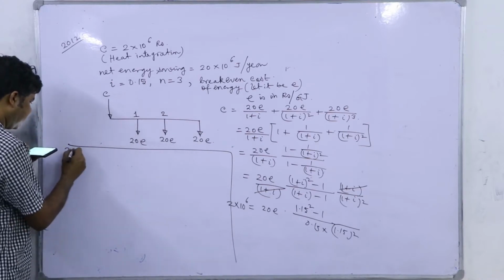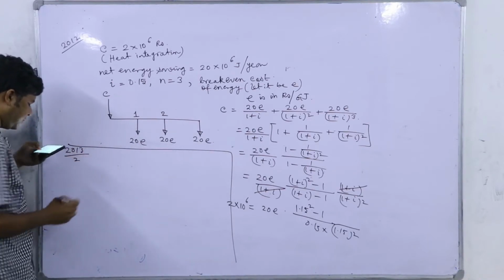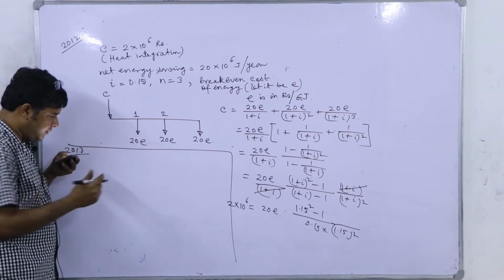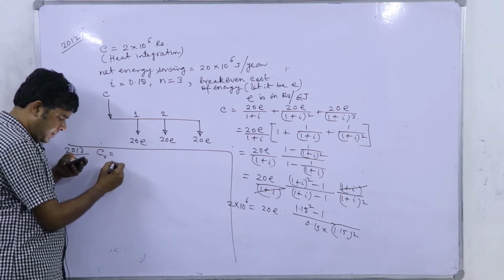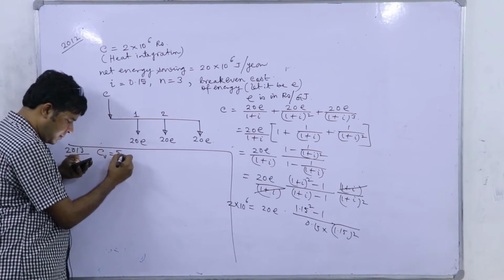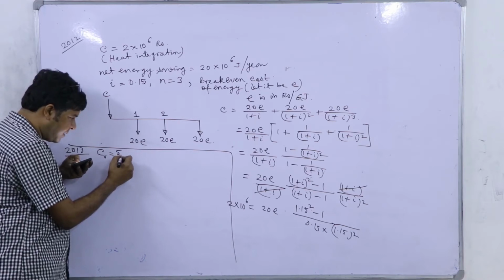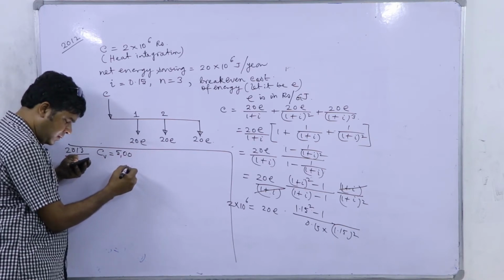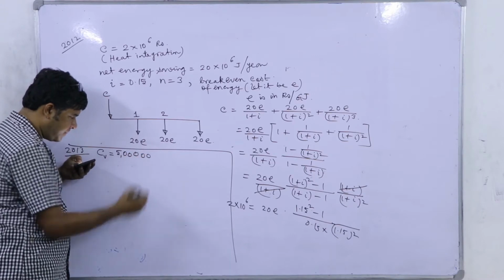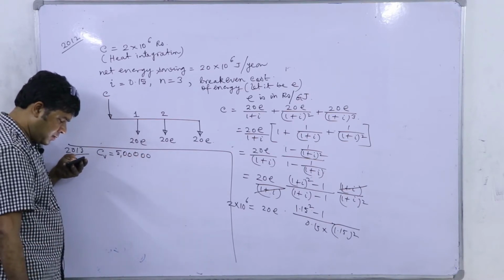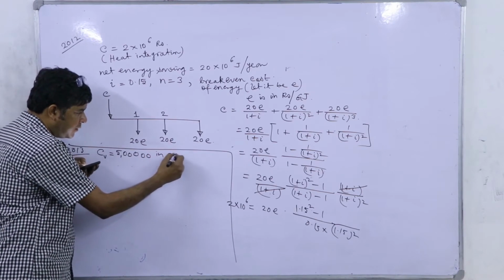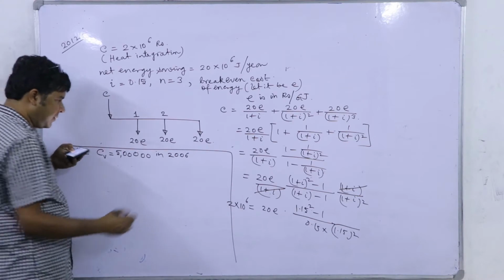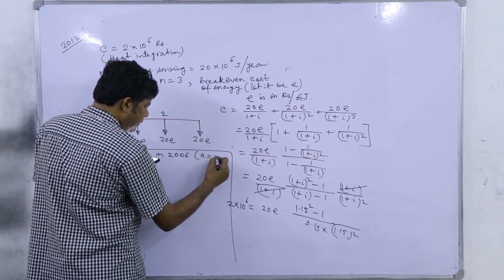This is a problem of 2013, 2 marks problem. The purchase cost of a heat exchanger, that is the procurement cost, is 5 lakh, 6 zeros, in 2006, where the area is 20 meters square.